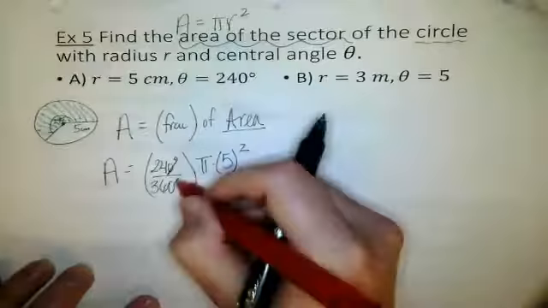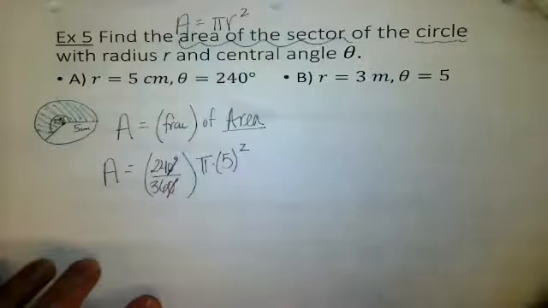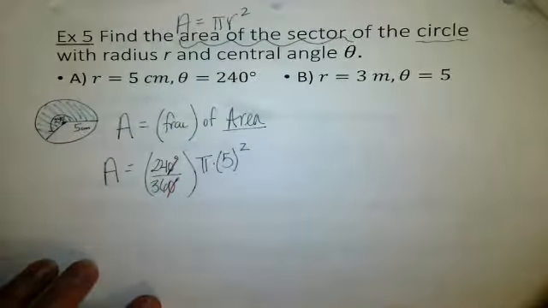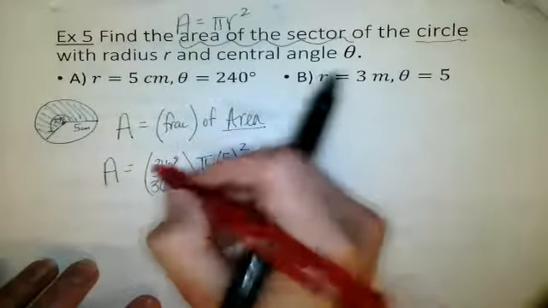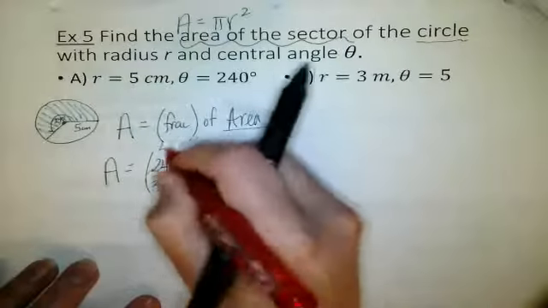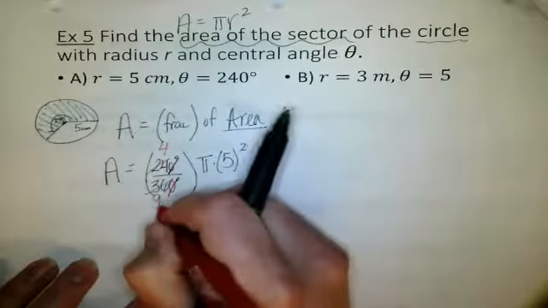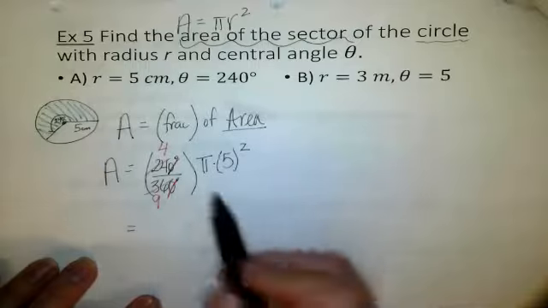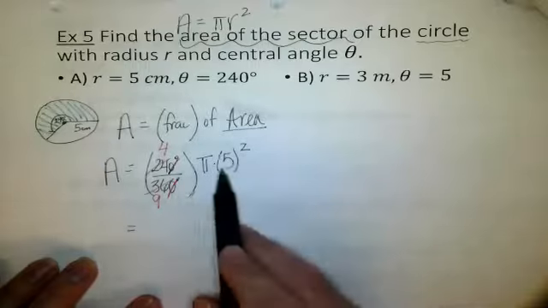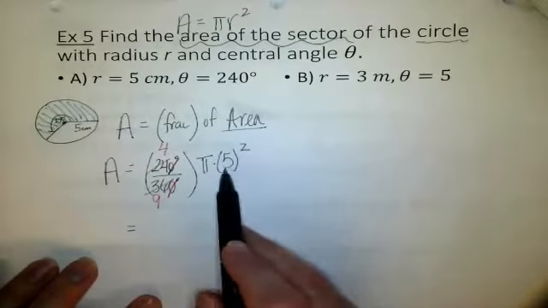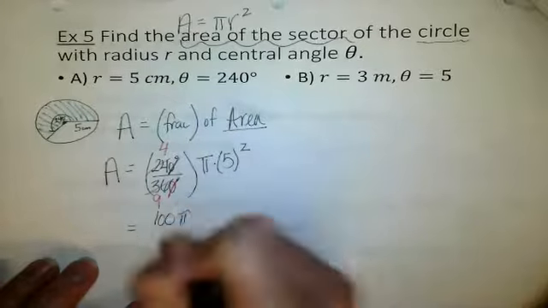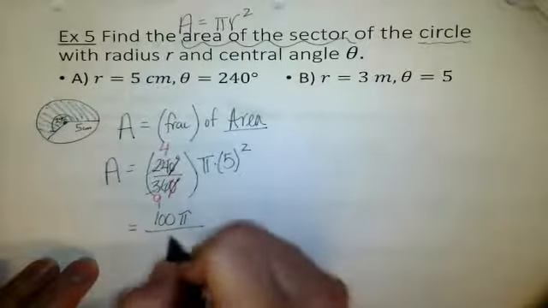The zeros cancel out, divide by 10, top and bottom. And then 24 and 36, we can divide by 6. So 24 divided by 6 is 4. 36 divided by 6 is 9. So that gives me 4 on top times 5 squared. What's 5 squared? 25 times 4? 100 pi over 9.